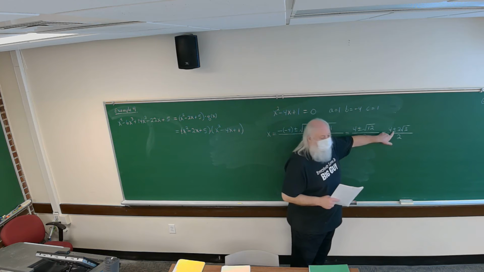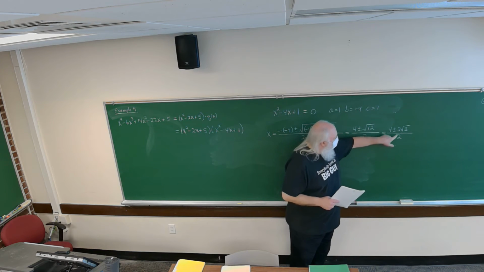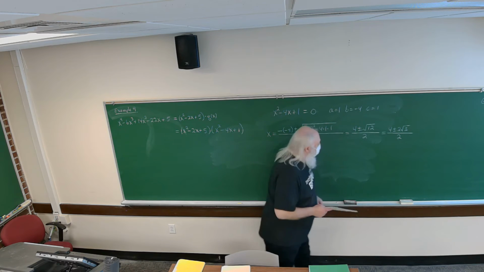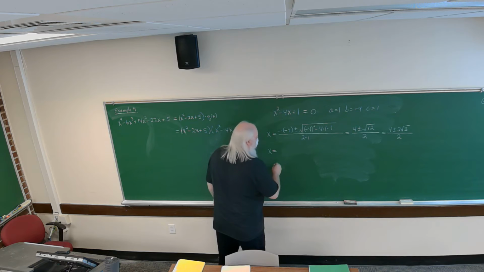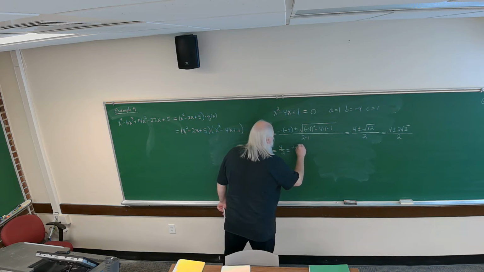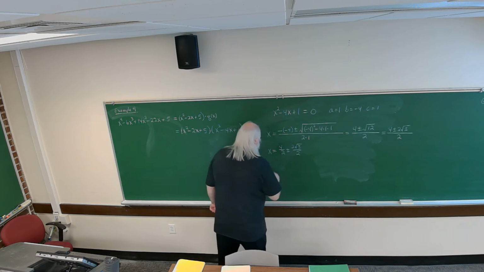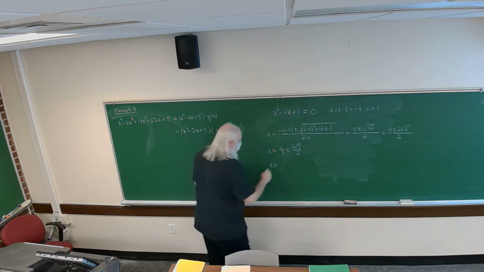Division does not undo addition and subtraction, right? So we got to divide the 4 by 2 and 2 root 3 by 2. So we have x is equal to 4 over 2 plus or minus 2 root 3 over 2. 4 over 2 is 2.